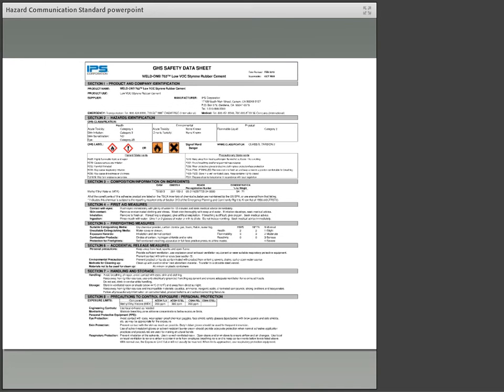Now, here's a sample GHS safety data sheet, and you can see the different components. There is the product and identification, the hazard identification, composition information, first aid measures, firefighting measures, accidental release measures, handling and storage, and precautions to control exposure or information about personal protective equipment.